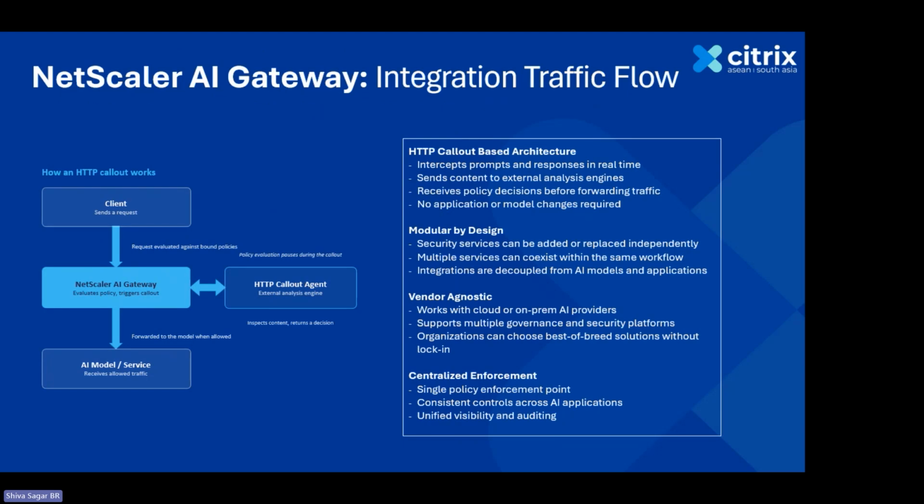Okay. Now, before we actually talk about the integration, I just wanted to take a moment to talk about how we actually do the integration, right? The way that we integrate all these third-party solutions is that we use something called an HTTP callout.